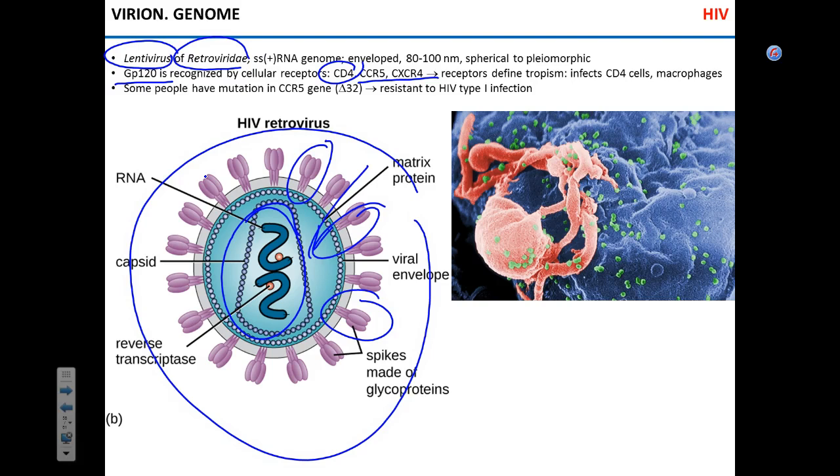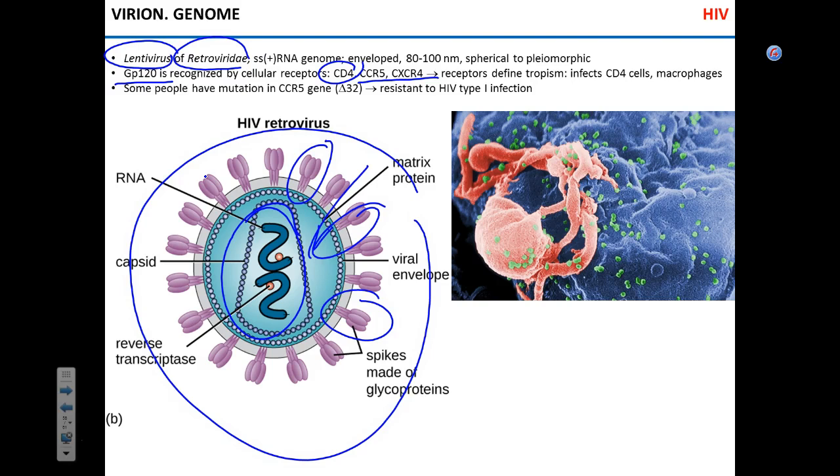And CCR5 and CXCR4 are additional keys. That essentially defines the tropism of the virus, the cells that it infects. Primary cell type is CD4 T cells. The virus can also infect macrophages. But generally, when we consider clinical HIV infection, we think about CD4.